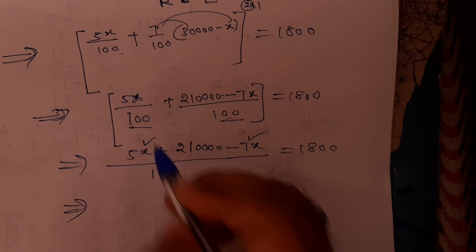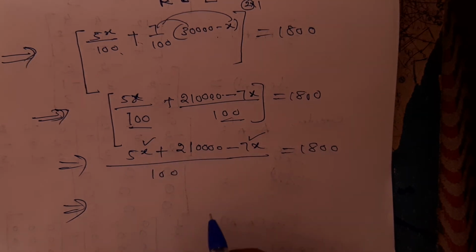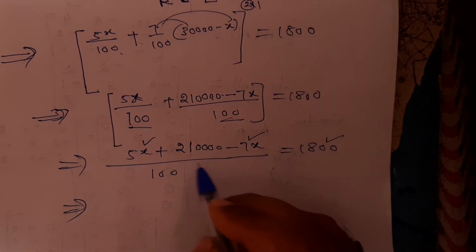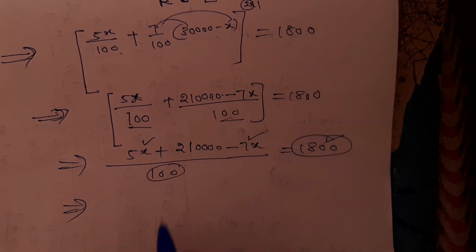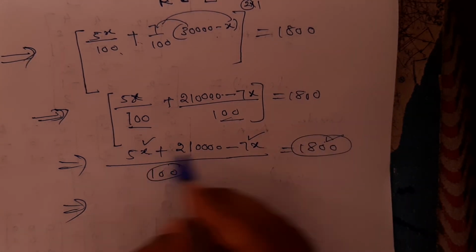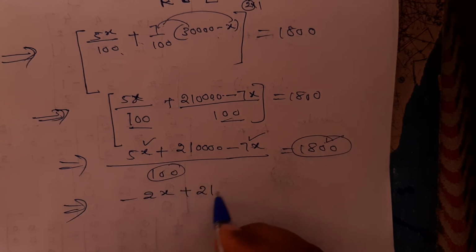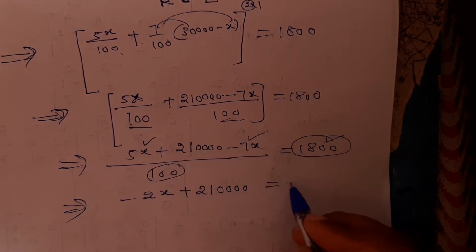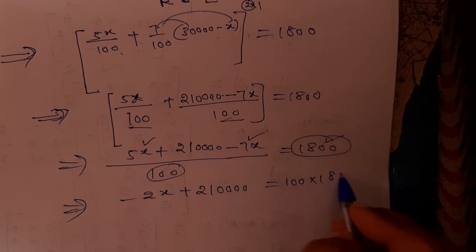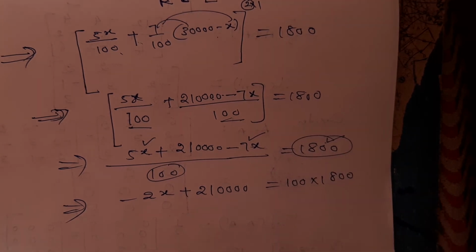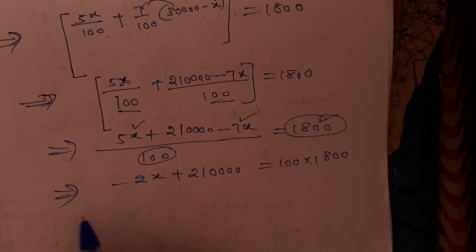Okay, this 5x minus 7x, so you cross multiply. That is 5x minus 7x, which will be minus 2x, plus 2,10,000 is equal to 100 into 1800.